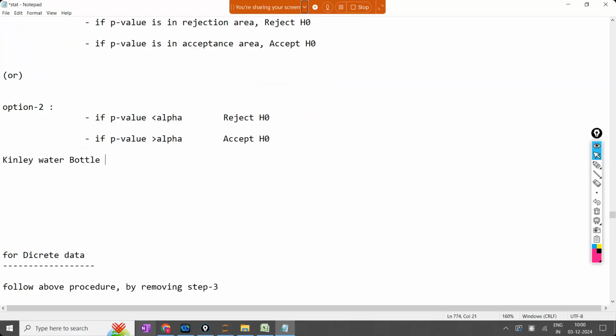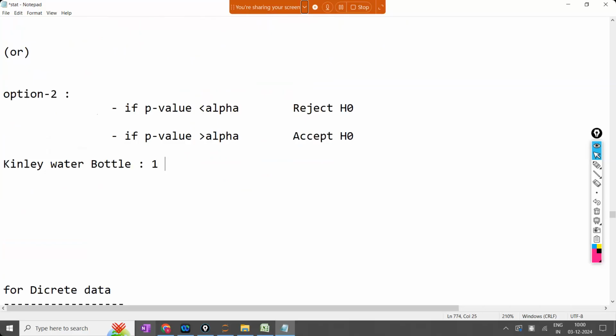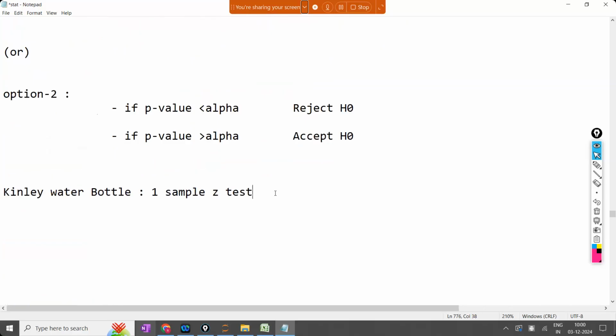In the Kinley water bottle example, first tell me what the test type is. It is a one sample z-test with left tailed rejection. This is the test name.